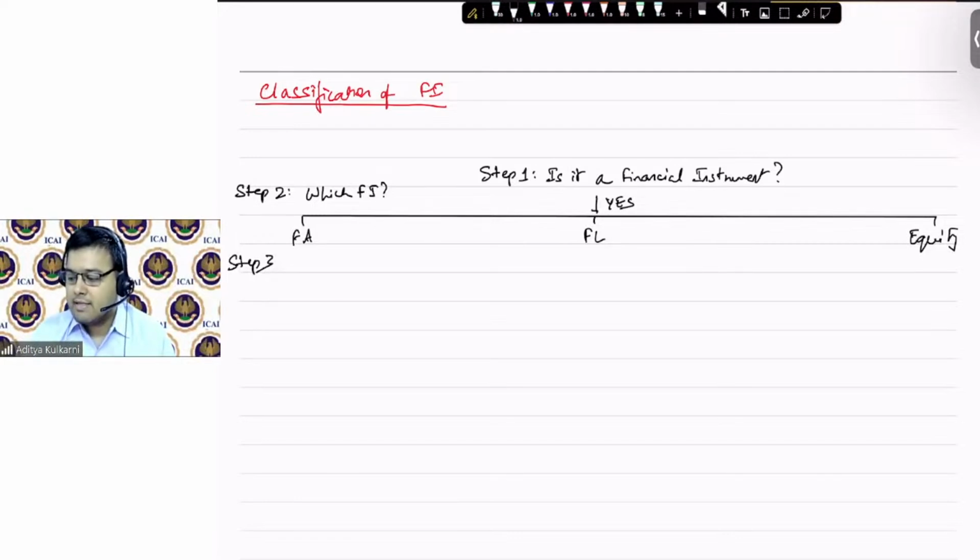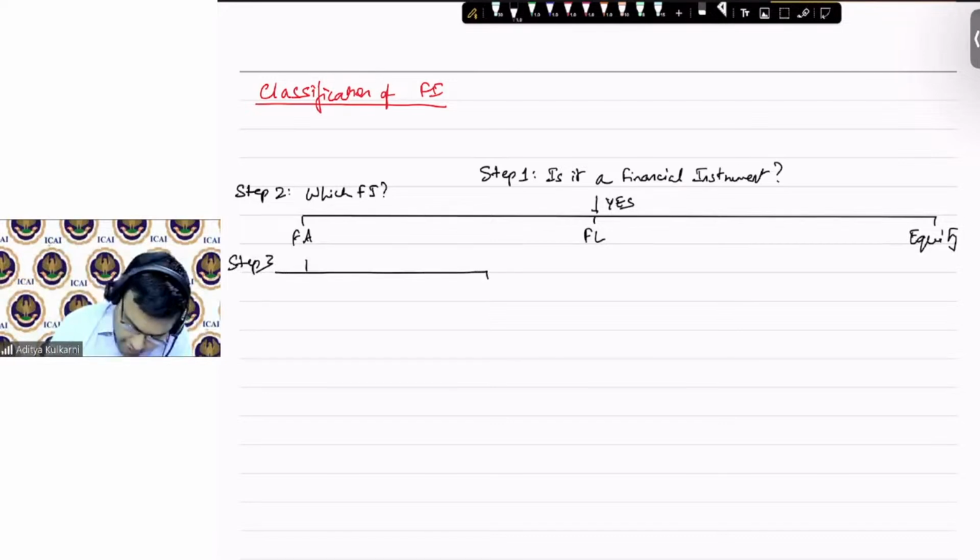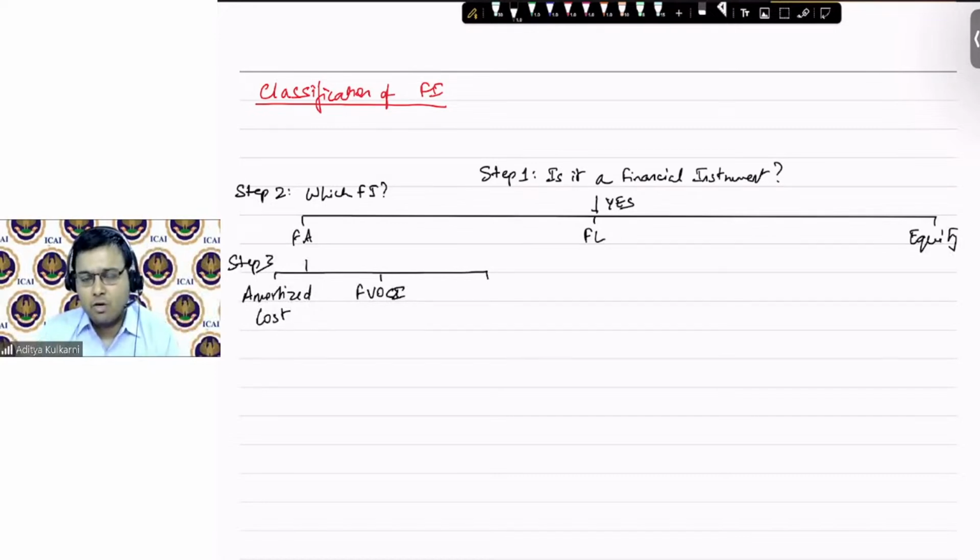What are the accounting principles? For financial assets, we have three principles. First one is amortized cost. Second one is fair value through other comprehensive income, FVOCI or FVTOCI. And third category is fair value through profit and loss. These are the three methods of accounting in the case of financial assets.